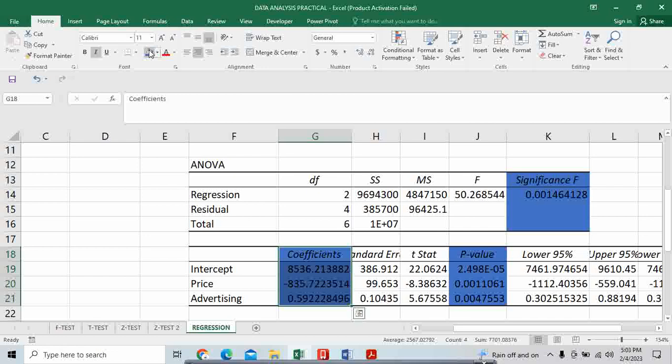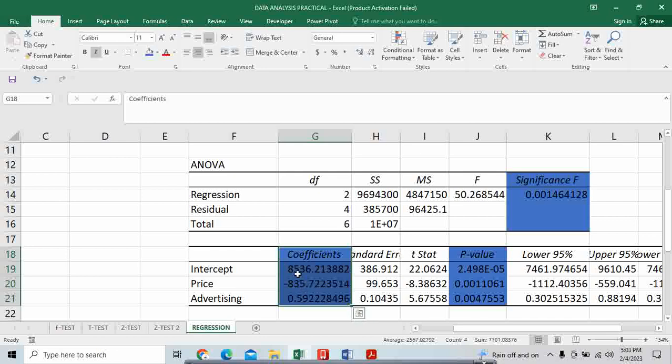What's the meaning of this? In other words, for each unit increase in price, quantity sold decreases by this value, 8.5835, which is the negative here.